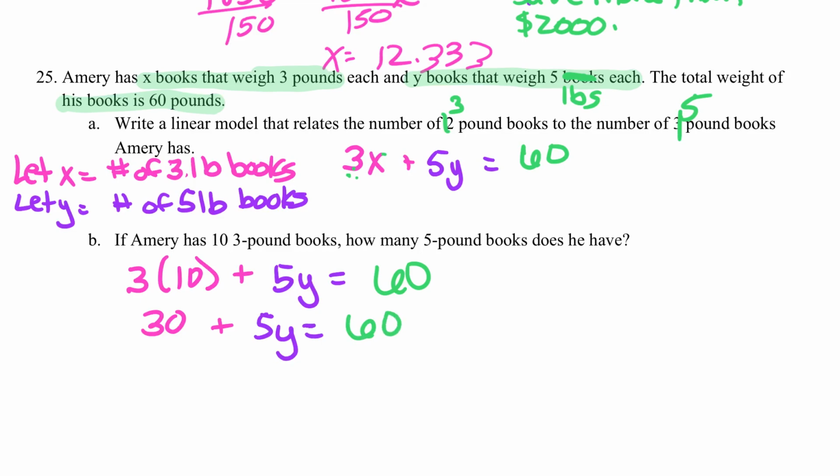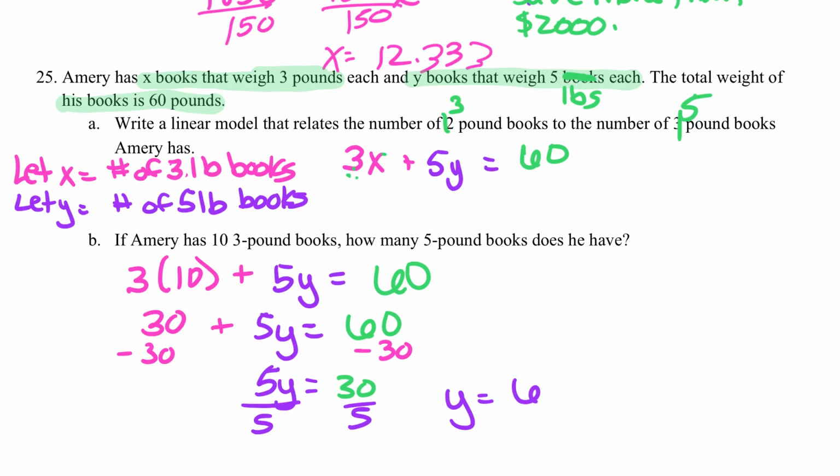And then I'm going to subtract 30 from both sides. And I get 5y is equal to 30. Divide both sides by 5. And I get y is equal to 6. So in a complete sentence, it would look like Amory has 6 5-pound books.